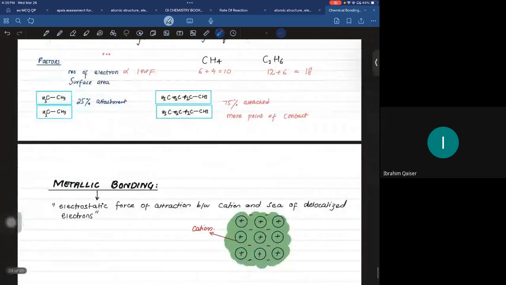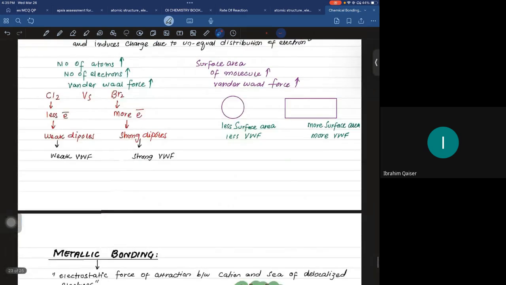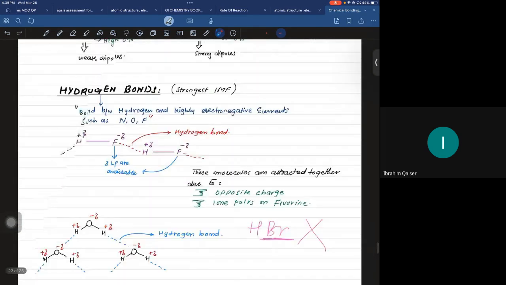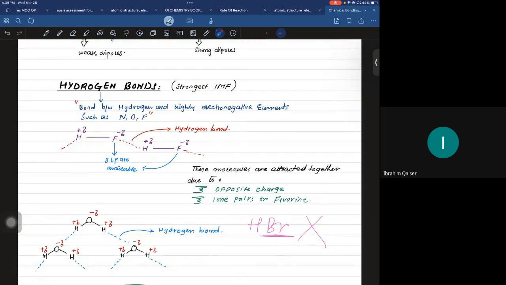Then we have hydrogen bonding. There are three intermolecular forces. Among these three, hydrogen bonding is the strongest, and the temporary is the lowest.